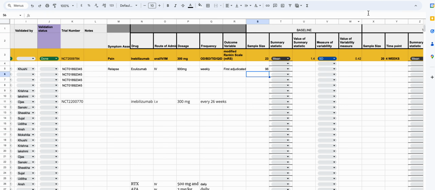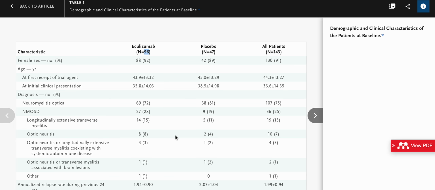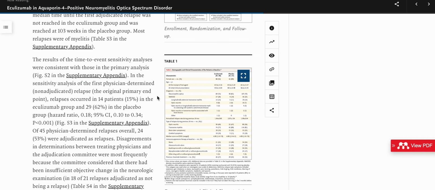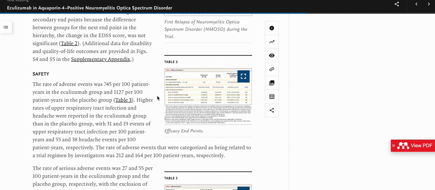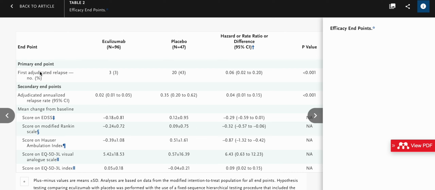So for example over here we are having the outcome variable as the first adjudicated relapse. What they have told is, outside the bracket they have given the number of patients out of these 96 patients who are having their relapse, so basically 3. And then in the bracket they have given percentage.